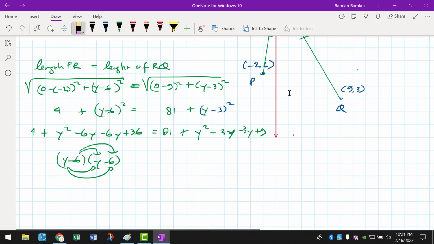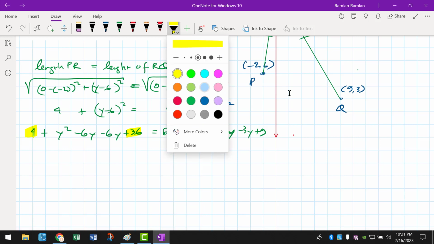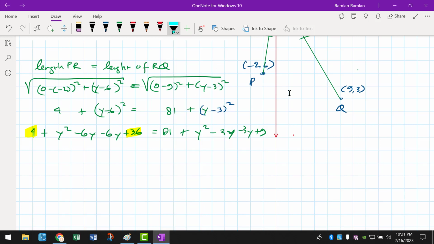Now since we want to find the value of y, we can move everything that has a y to the left side and everything that does not have y to the right side. We're going to move this 4 and 36 to the right side, and move these to the left side. Let's do that. y squared doesn't change, minus 6y minus 6y can be simplified as minus 12y.